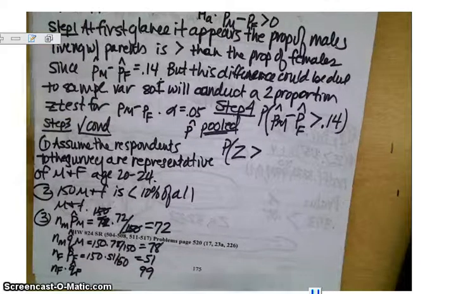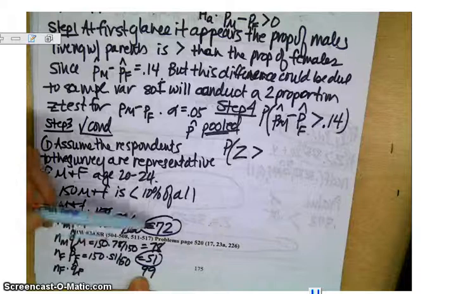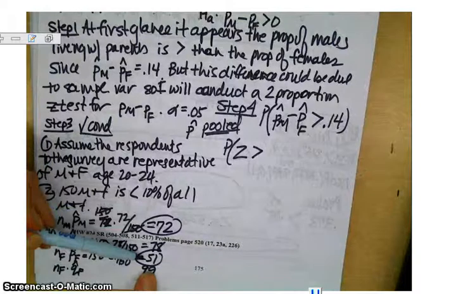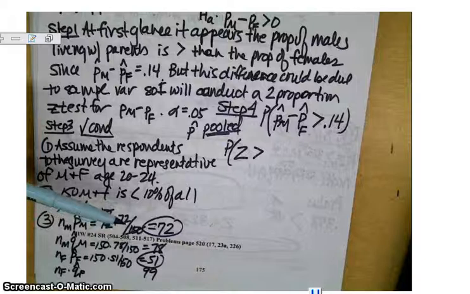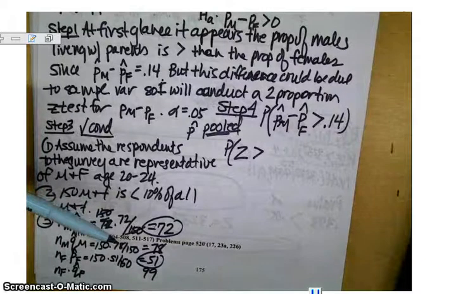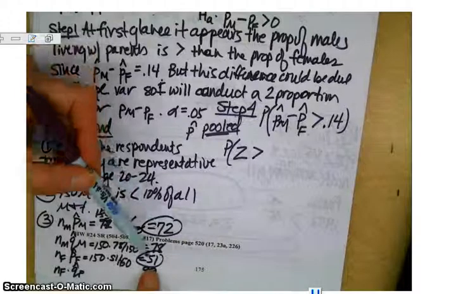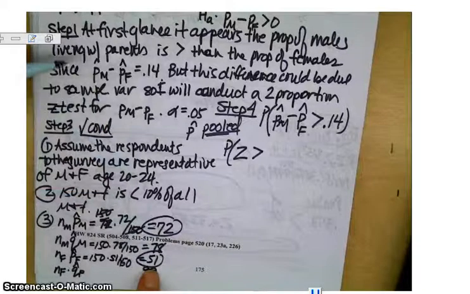The P hat pooled takes those original 2 values, adds them up, and then divides by 300, the total number in both samples.